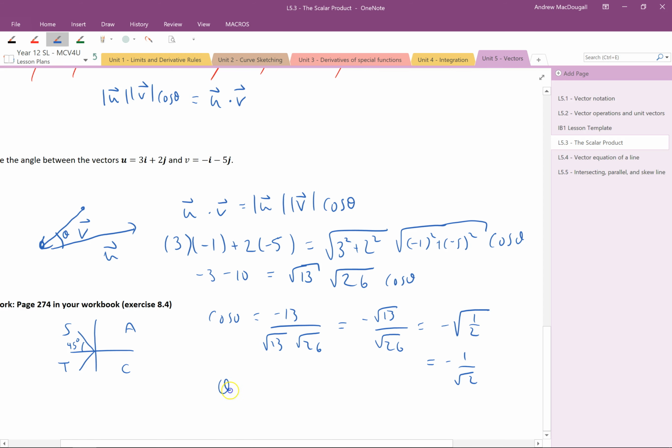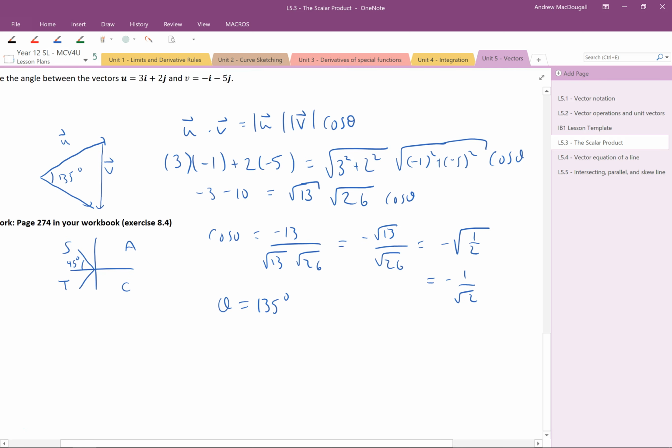So in fact, theta here should be 135 degrees, which means I obviously drew my picture a little bit incorrectly. You would have an angle of 135 degrees between them, which means it would look something like some steep curve here, and this would be 135 degrees.